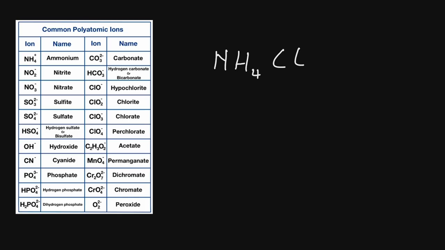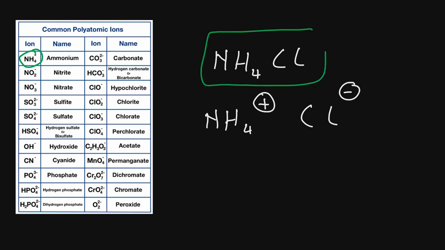The reason is that this polyatomic ion, as you can see in the table, has a positive charge, and we always start with the element that has a positive ion. The chlorine is in group number 7, so it has a negative ion. When they bond together, the charges will be balanced, and therefore this is a compound.